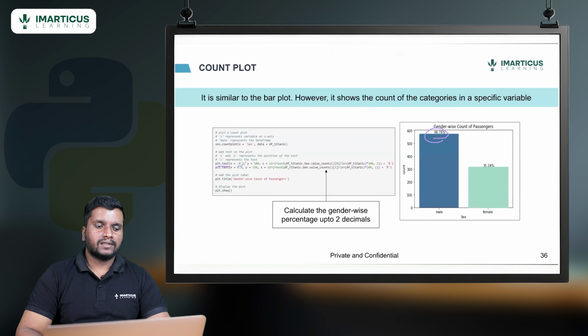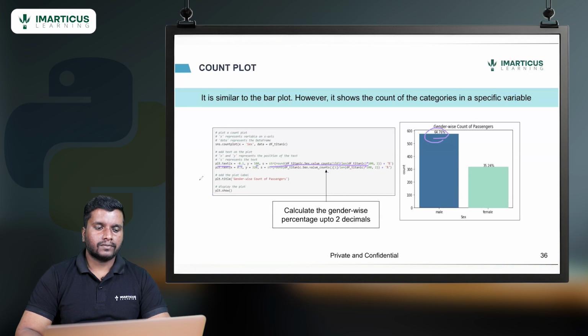So x is equal to minus 0.1 and y is equal to 580 is something that we are specifying here, and s is equal to whatever string that we want to put. Here in our case, the string value is the round figure of the percentage, and we are putting the percentage symbol at the end. So let us build this. First of all, let us calculate the percentage for yes and no separately, and then we will put them on top of our existing count plot.